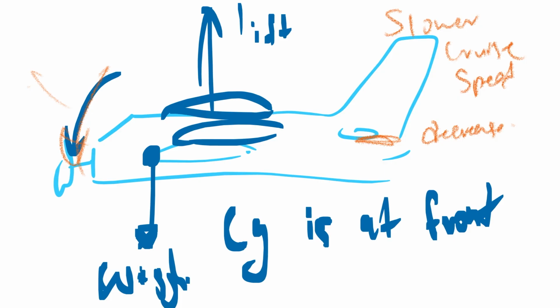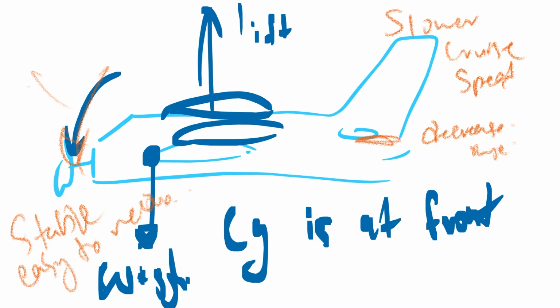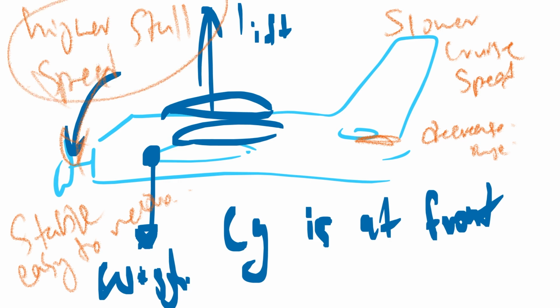So decreased range, but it will be more stable because it's always trying to pitch down, so it's easy to recover. It's more stable, and it will also have a higher stall speed. So that is one good point, higher stall speed. Okay, if the center of gravity is at the front of the center of pressure, we have these properties.